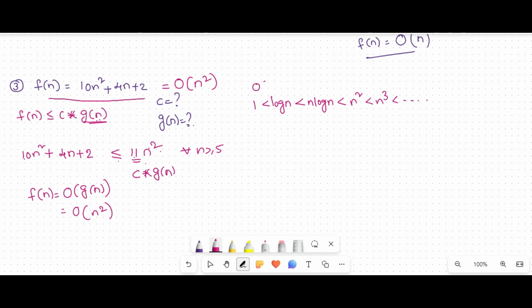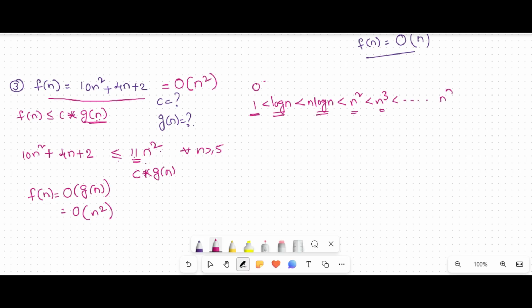Like that we can write. That means the smallest time complexity is constant, later log n, after that n log n, after that n square, n cube, and so on. The maximum you can write is n power n.